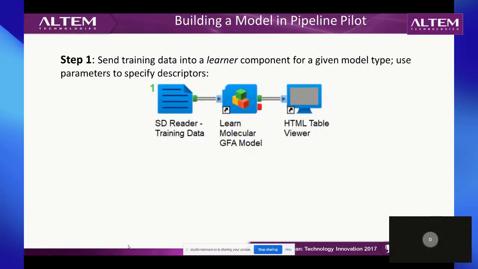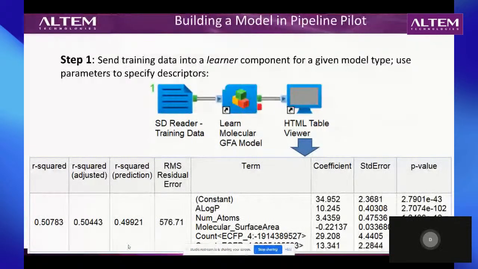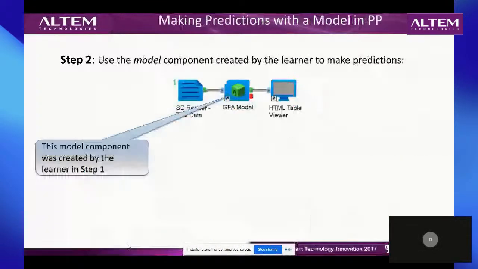And building a model. This is an example of how I picked compounds, or I could say drugs, in SD format, and I want to learn genetic function approximations using a parameter for discrete tasks. I start with the training set and a learn component to give a model type of GFA. First, I'm trying to learn this, and then I'm understanding its nature, R square, and various statistical parameters that I analyze from that.